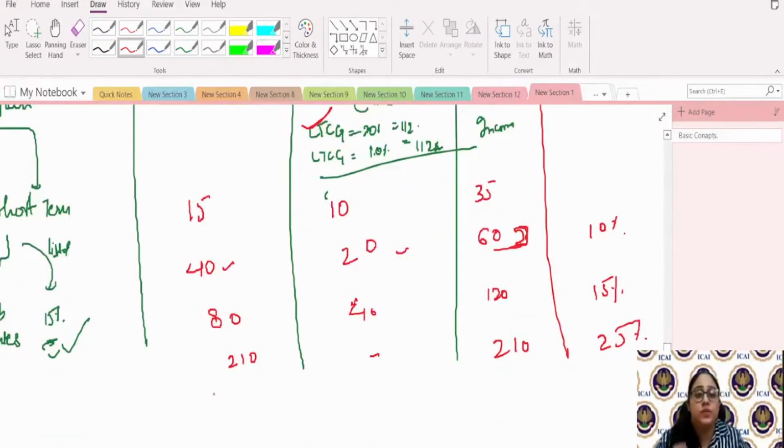Now the twist comes. Listen carefully. Normal income 1 crore 50 lakhs. Special rate income of 20%, 60 lakhs. Now it is 2 crore 10 lakhs.